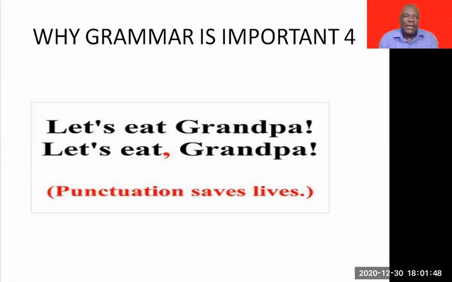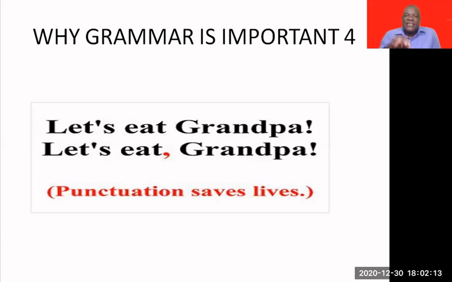Let's eat grandpa. Then sentence number 2: Let's eat, grandpa. You can see, because of a comma that enables you to pause before mentioning grandpa, you convey the right meaning.